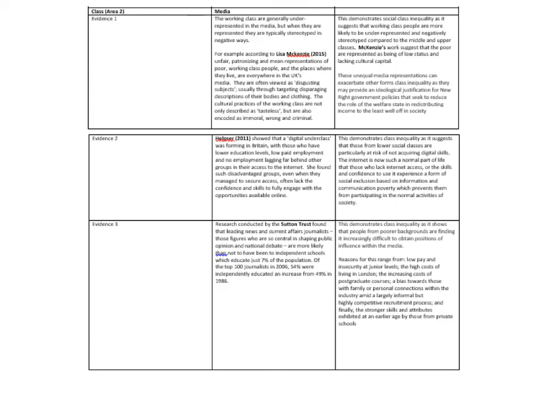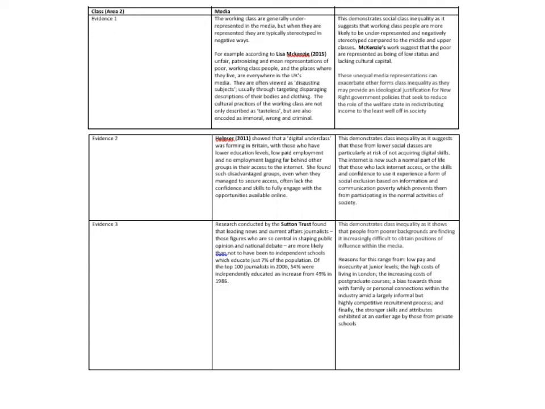And when you're answering this question in the exam, you don't need an introduction or a conclusion. You simply need to use the material from this handout. So for example, if the question was about class inequality, you would have one paragraph where you would describe and then interpret your first bit of evidence about the media, for example.